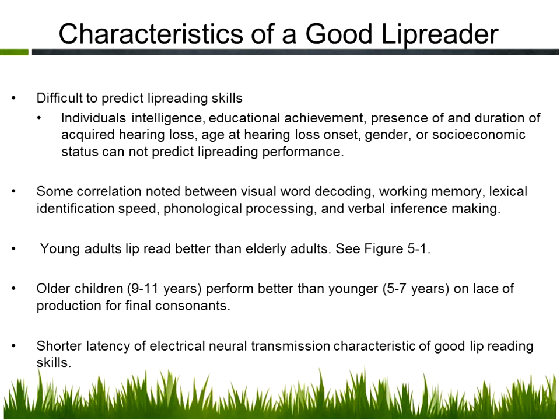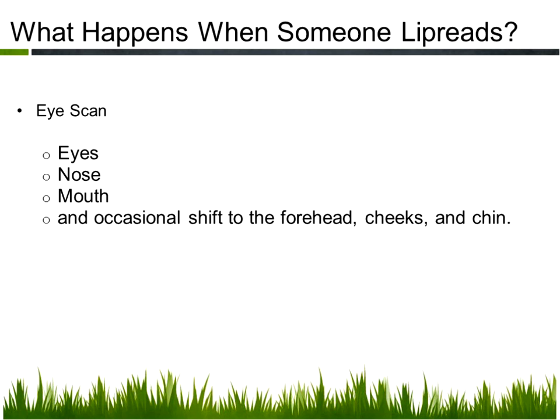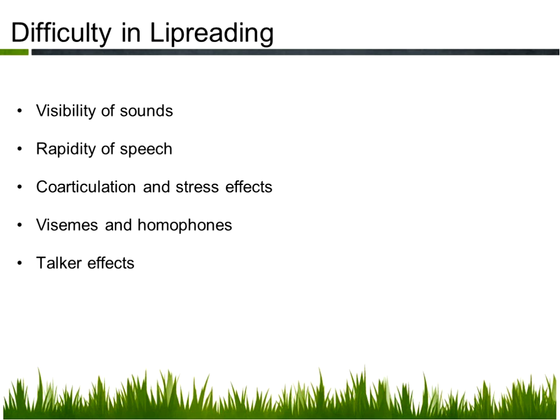Again, shorter latency of electrical neural transmission is characteristic of good lip readers. It's this speed of processing that's the key. So what happens when somebody lip reads? They scan eyes, nose, and mouth and shift every now and then to the forehead or the cheeks or the chin, but they're really focused in that triangle of eyes, nose, and mouth.